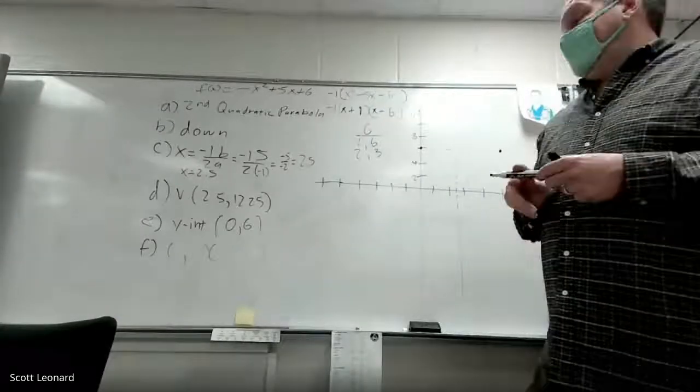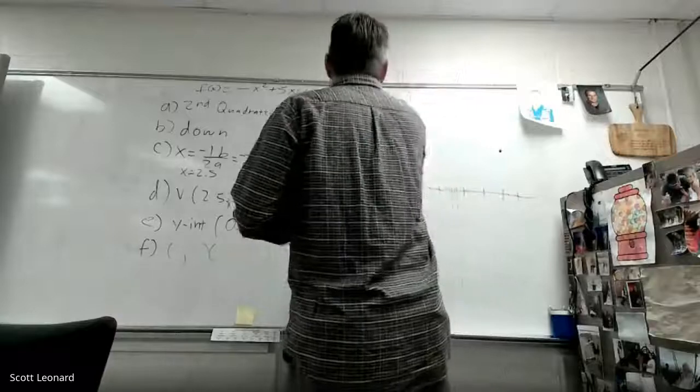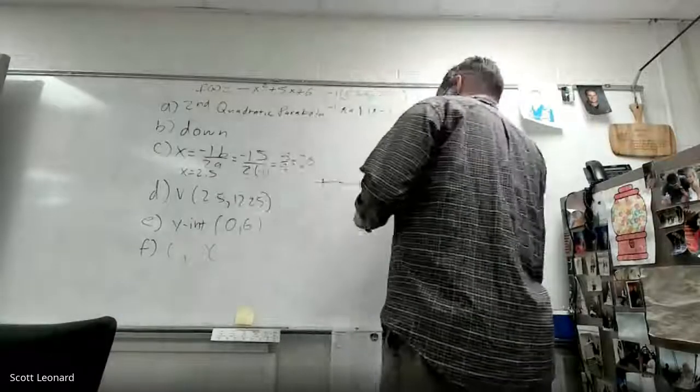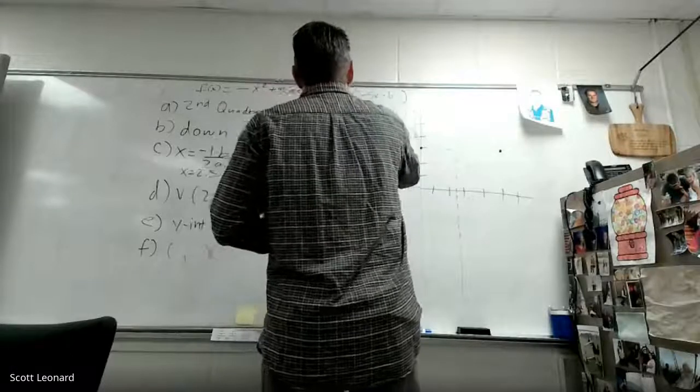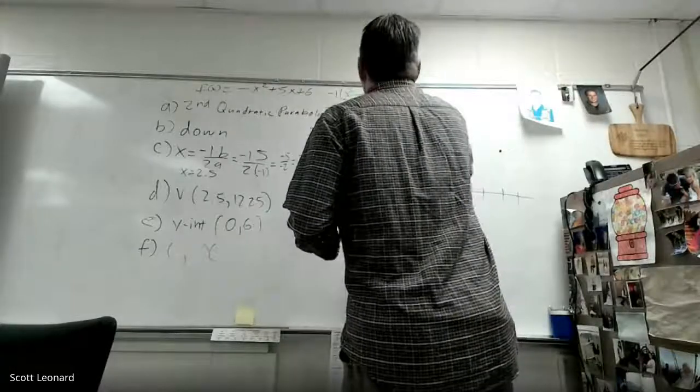Okay? And then remember, we set these equal to 0. This is what you had to do yesterday. I know some of you haven't done it yet. We go -1 equals 0, x plus 1 equals 0, and x minus 6 equals 0.